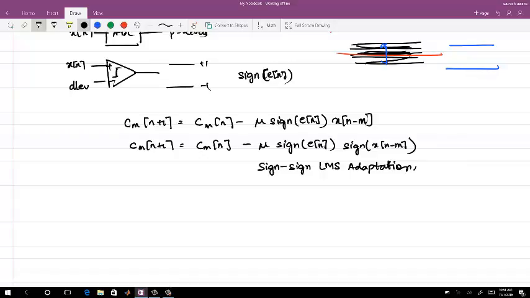So you cannot use that large mu value anymore. You have to change mu to a smaller amount, and that is going to increase your convergence time. That is a drawback, but this is much faster to calculate all the products and everything.